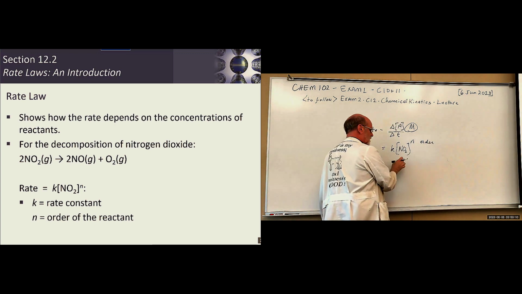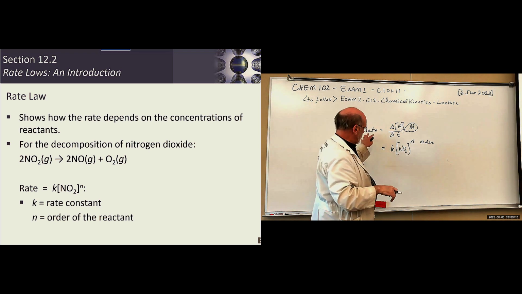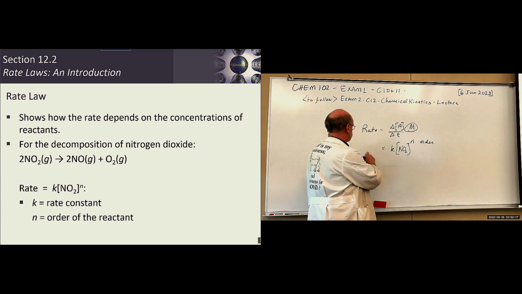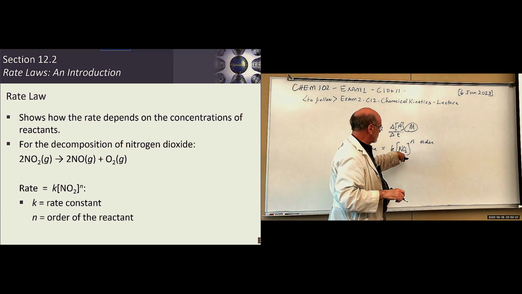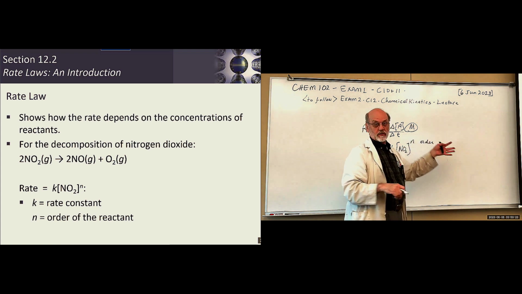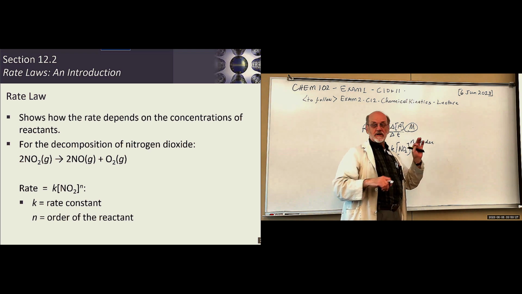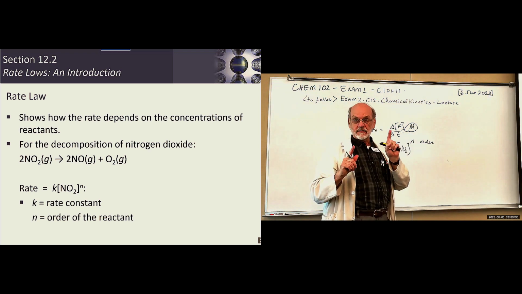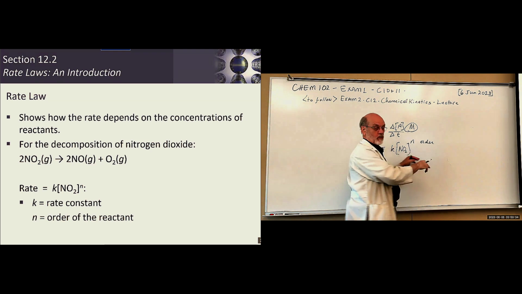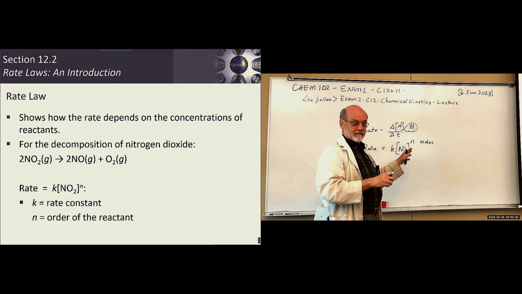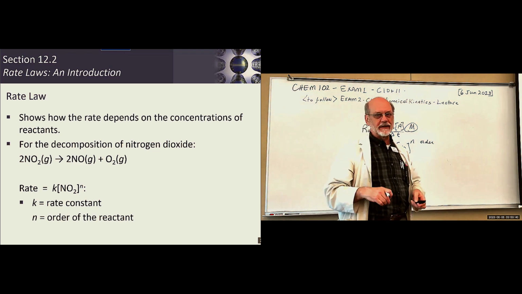That's the order of this reactant. So the rate law with respect to this reactant is n order. You can have other factors in here also. Say if you have two reactants, you can have an n order for this one, and you can have an m order for the second one. Right? But it will only have one rate constant. We're going to look at examples in a minute.